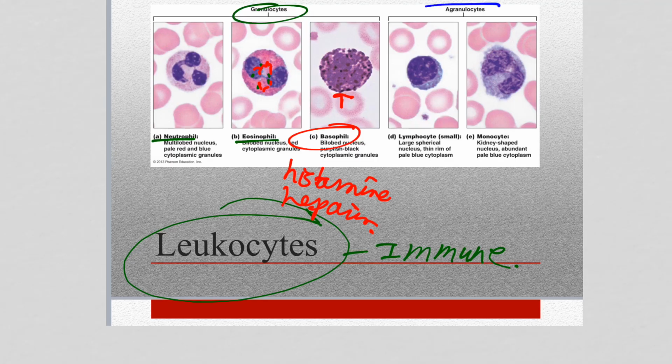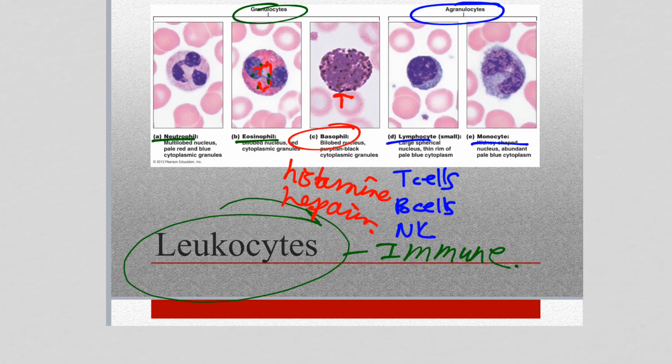As far as the agranulocytes, these are the lymphocytes and the monocytes. So the lymphocytes can be further categorized into a couple different types, but the main ones are what we call T cells. You also have B cells, B lymphocytes, and then you have another type called NK cells, or natural killer cells.